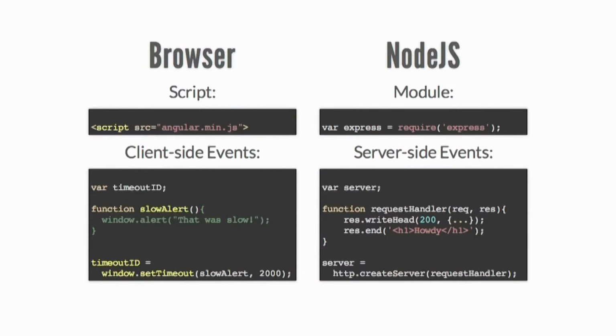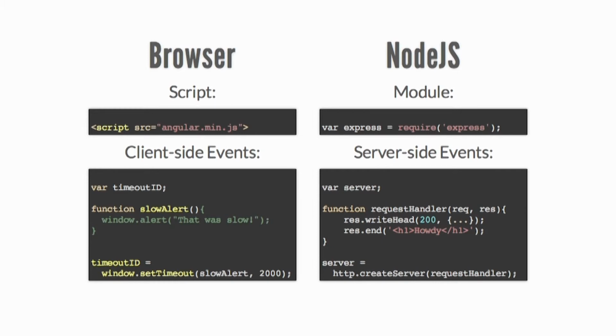But once we get these libraries in place, you'll see that the events are handled almost identically. Client-side events look exactly the same as server-side events. The only difference is what events are getting generated. On the client side, you're going to be listening on events like timeouts, or user events like on mouse over, on mouse down, on mouse move, on mouse up, on click, on double click.